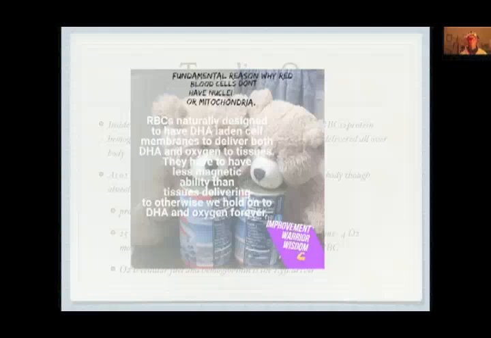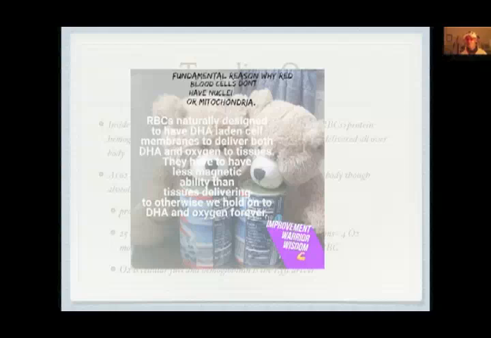Okay, and another fundamental reason why red blood cells don't have nuclei or mitochondria. So red blood cells are naturally designed to have DHA-laden cell membranes to deliver both DHA and oxygen to the tissues. They have to have less magnetic ability than the tissues they're delivering to.